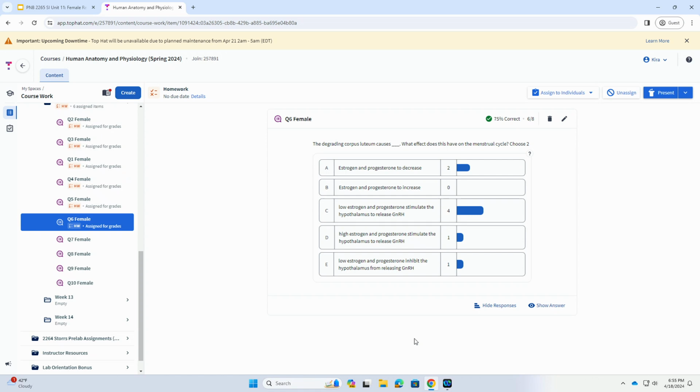Which again, when GnRH is released, we release FSH, which then causes the release of estrogen. So I can write that. So we kind of start the cycle again.